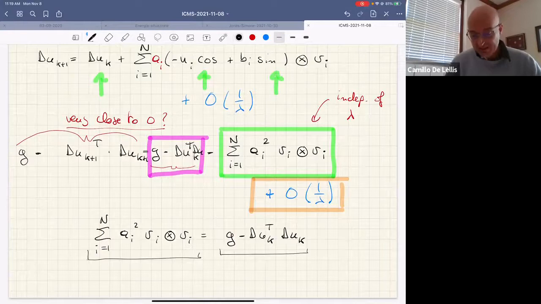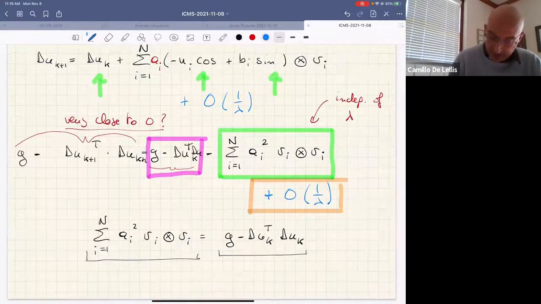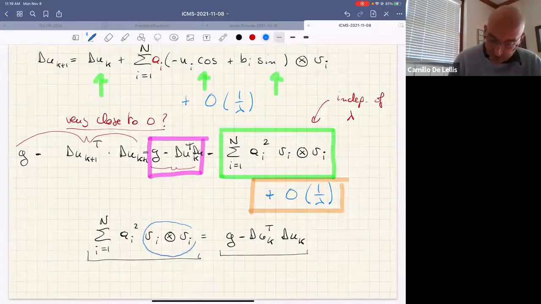But you can do it not only for a single matrix; if you have a sufficiently large collection of these v_i tensor v_i, you can do it in a neighborhood of any positive semi-definite matrix, right?